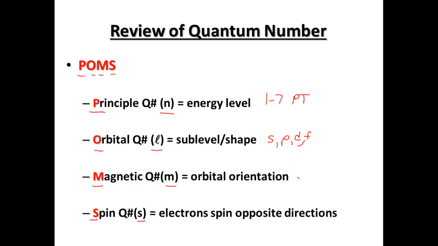The next one, the orbital orientation, is where it is, not in the s, because the s can only be in one place, but the p, the d, or the f, where is it located? And then a last one is spin, opposite directions. We have one spinning up if they're in the same orbital or orientation, and one spinning down. Please make sure you know this chart.